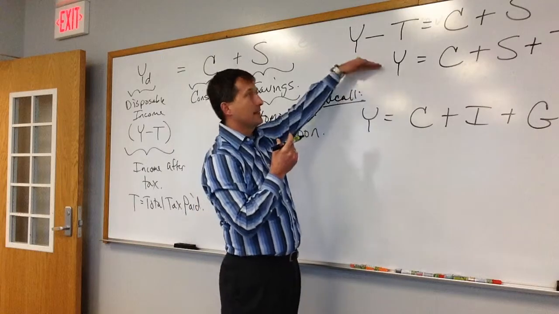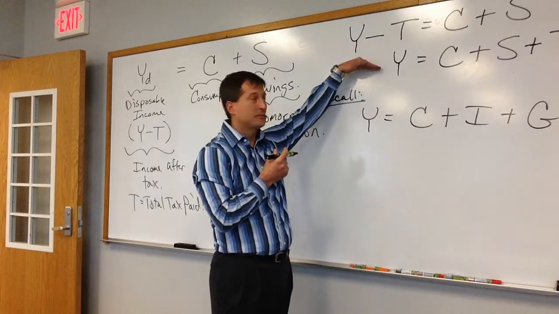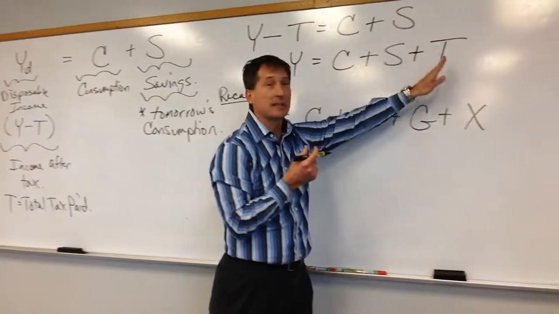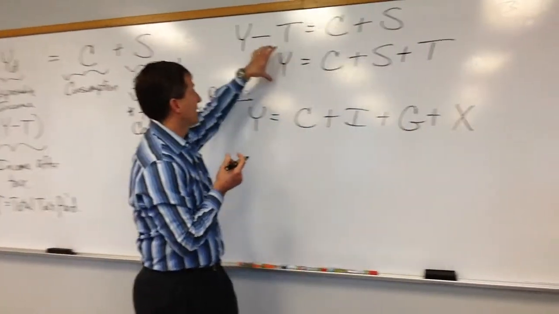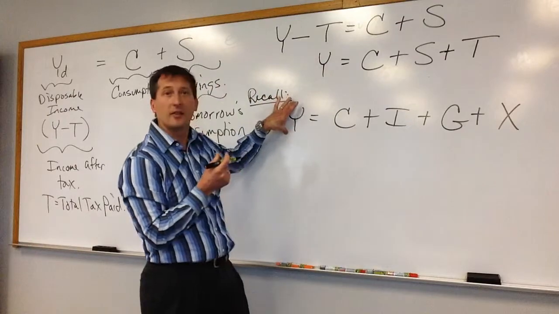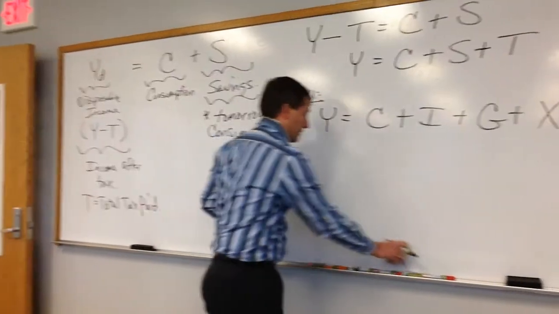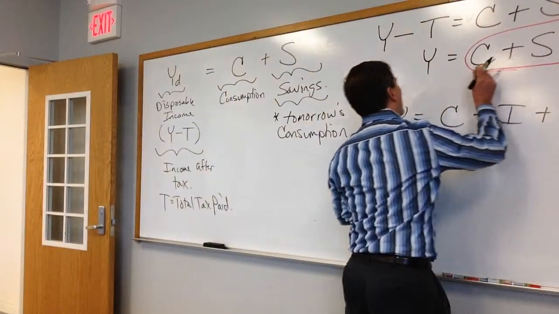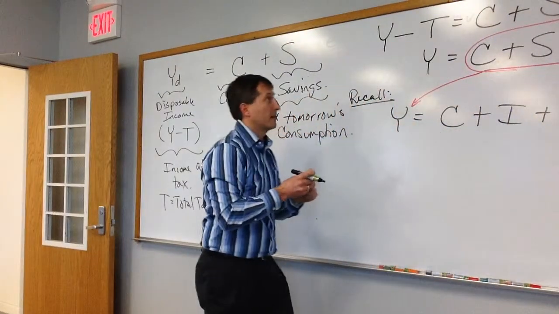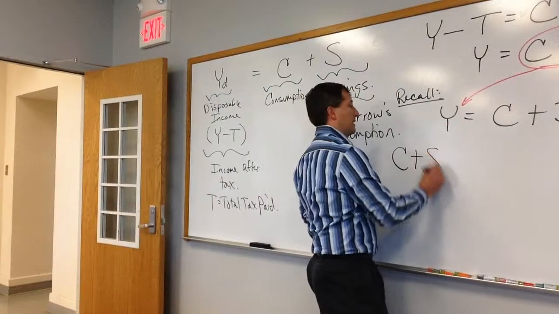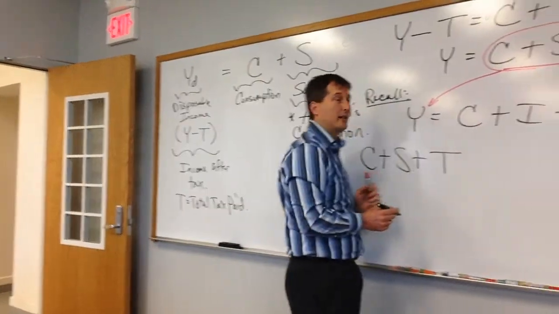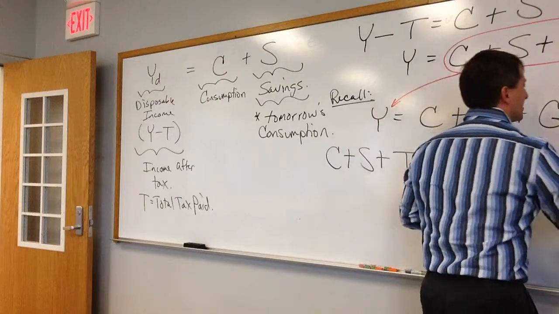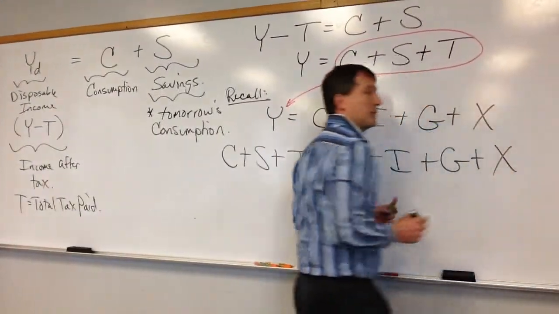And now let's take this equation, since income can be thought of as consumption, savings, and taxes. Let's take this Y and substitute it in for this one. All right, so I'm going to take this and shove it into there. So I get C plus S plus T equals C plus I plus G plus net exports.